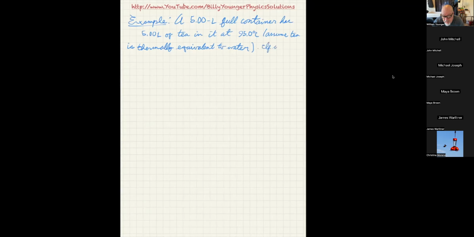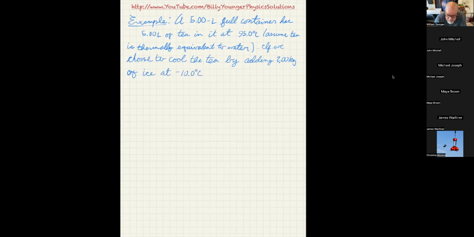If we choose to cool the tea by adding 2.00 kilograms of ice at negative 10.0 degrees Celsius to it, will all of the ice melt?